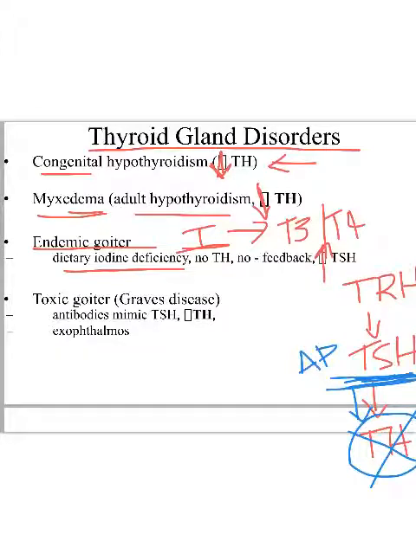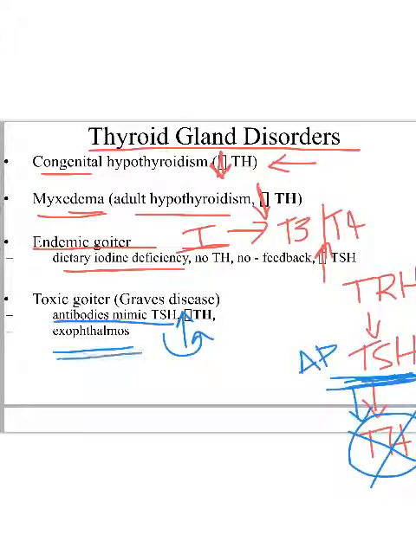Okay, now, toxic goiter is also called Graves' disease. And in Graves' disease, okay, it's an autoimmune disease. So your body makes antibodies that look like thyroid stimulating hormone. Okay, so thyroid stimulating hormone will then increase the amount of thyroid hormone you have. Okay, and that's going to speed up your metabolism.